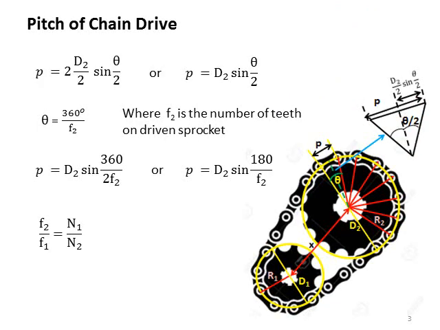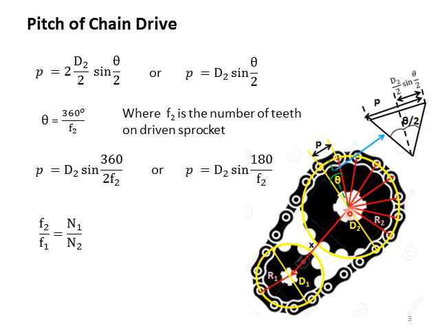As I earlier mentioned, the pitch P is twice of this length, or twice of D2 by 2 sine theta by 2. So we can cancel this 2 into 2, and we get pitch P is equal to D2 sine theta by 2, whereas this theta is equivalent to 360 degrees divided by number of teeth on the driven sprocket.